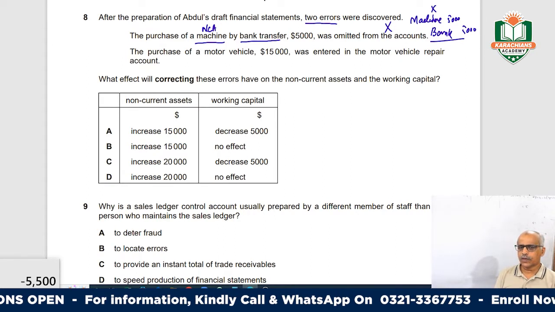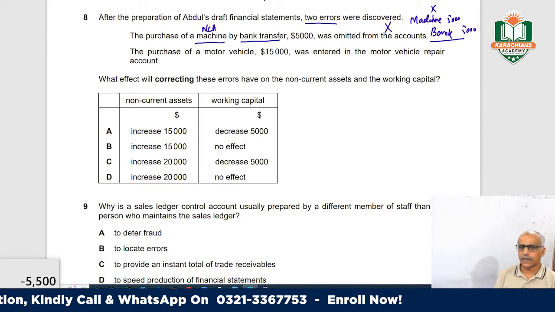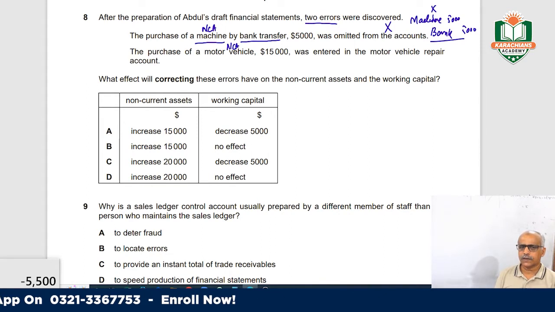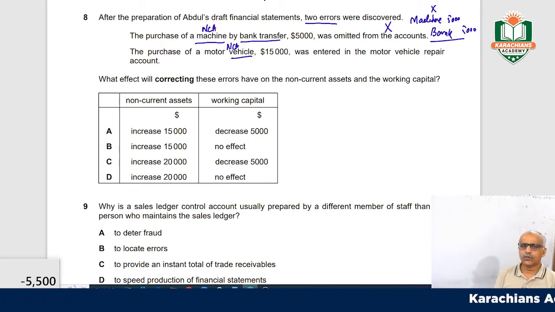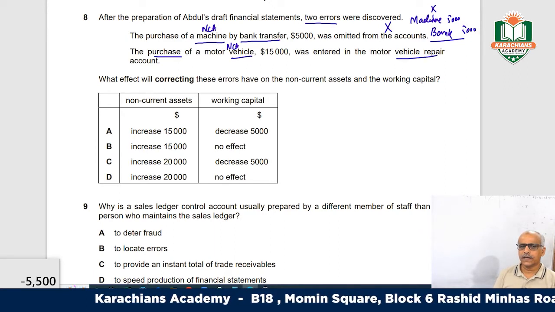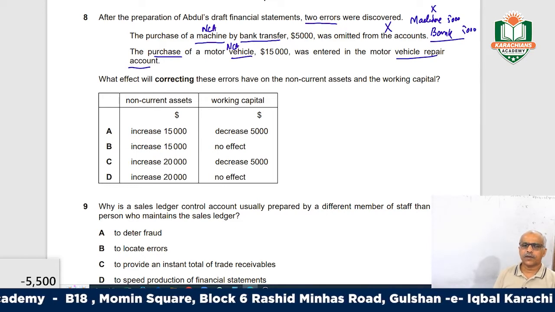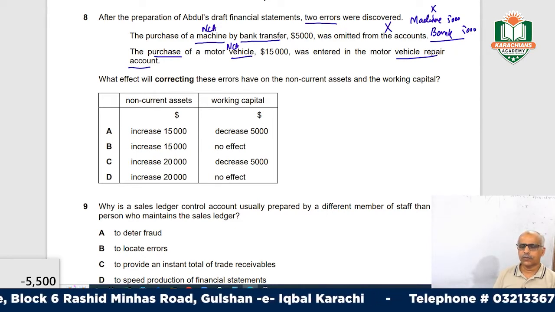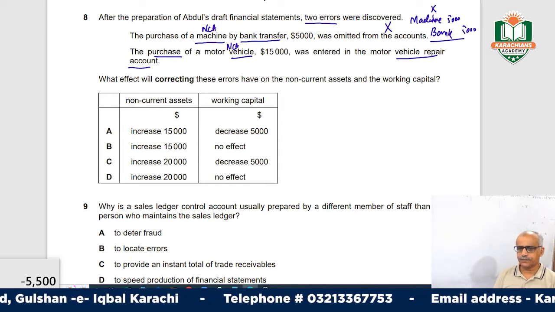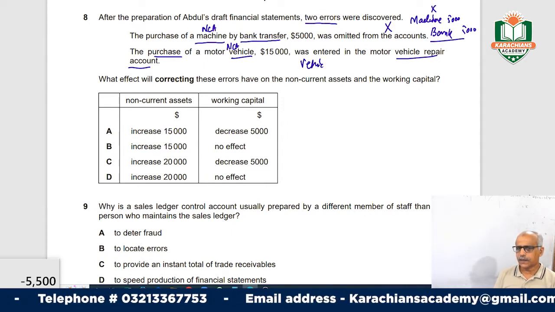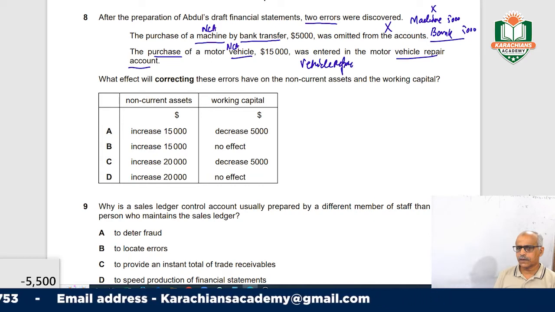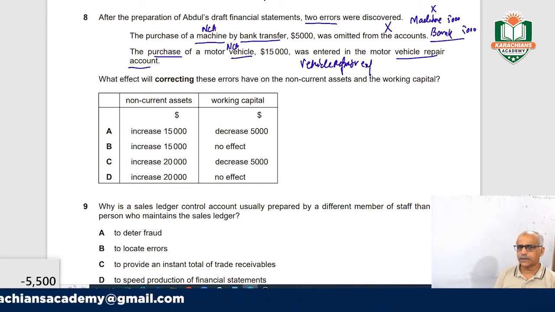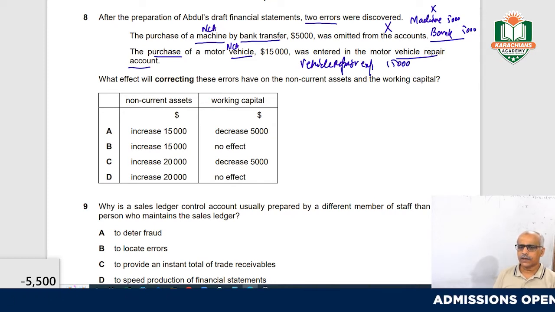The purchase of a motor vehicle, 15,000. Again, vehicle is a non-current asset. It was entered in the vehicle repair account. An error of principle. You made an entry of vehicle repair expense, 15,000.